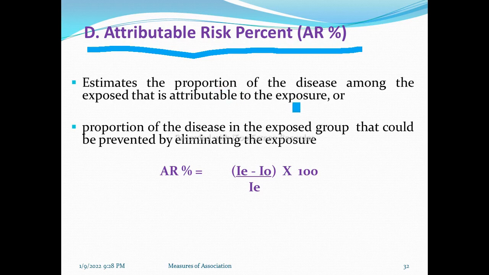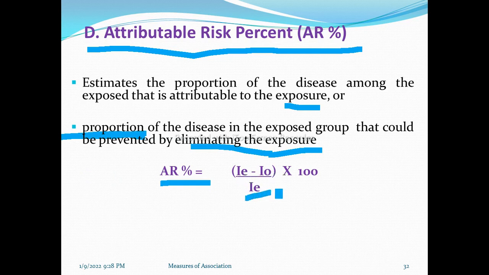that is attributable to exposure, or the proportion of disease in the exposed group that could be prevented by eliminating the exposure. Now the proportion is calculated. So attributable risk percent is equal to incidence in exposed group minus incidence in non-exposed group over incidence in exposed group times 100.